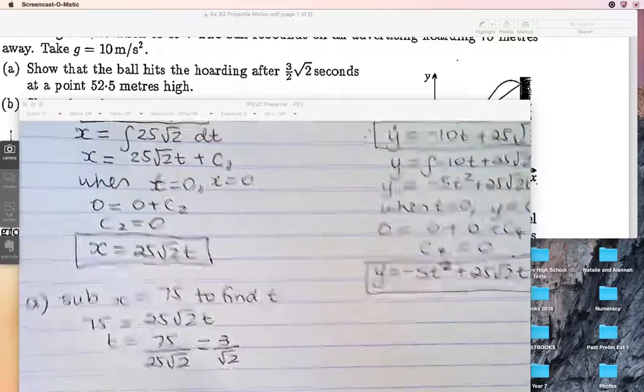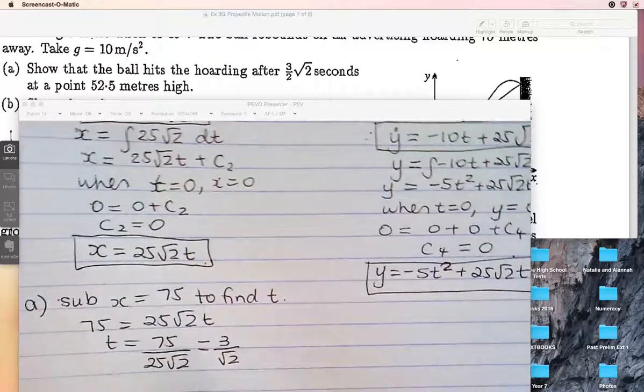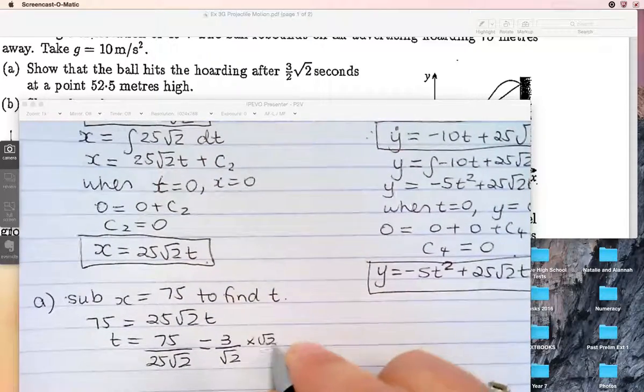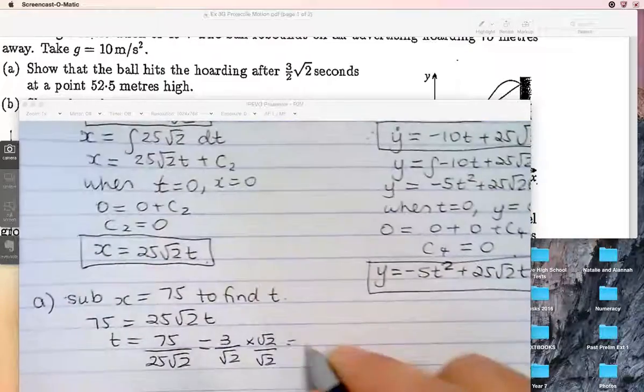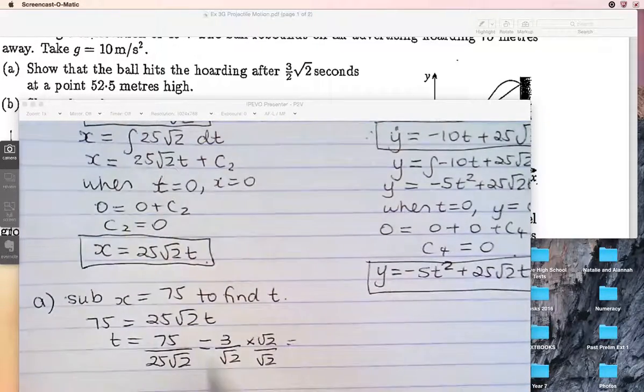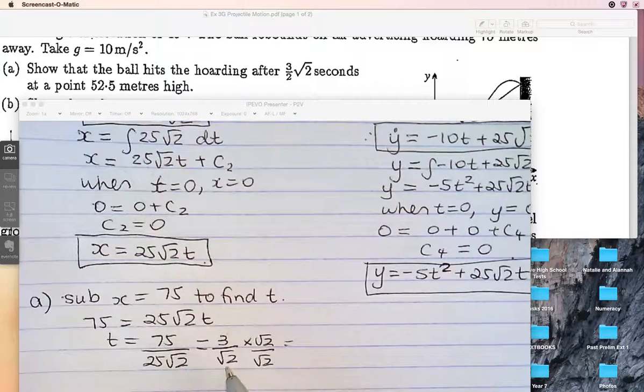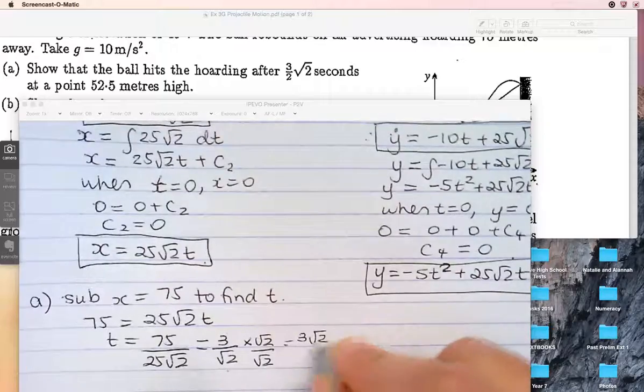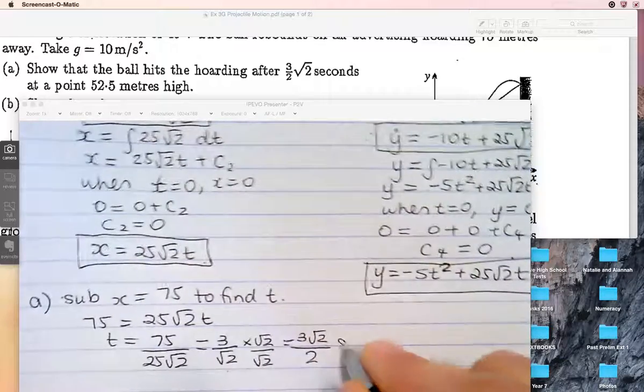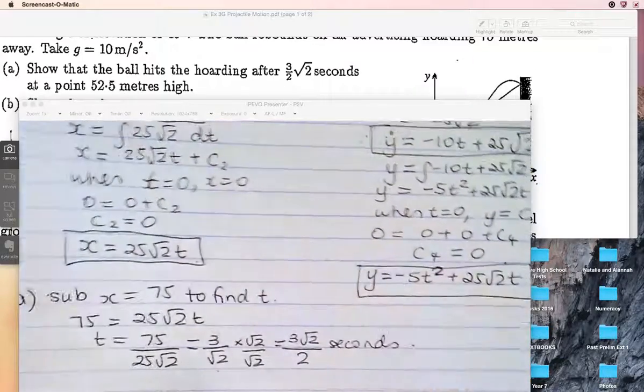Isn't it 3 on 2 root 2? We need to rationalise the denominator, so we times by root 2 on root 2, and we get 3 root 2 on 2 seconds as required.